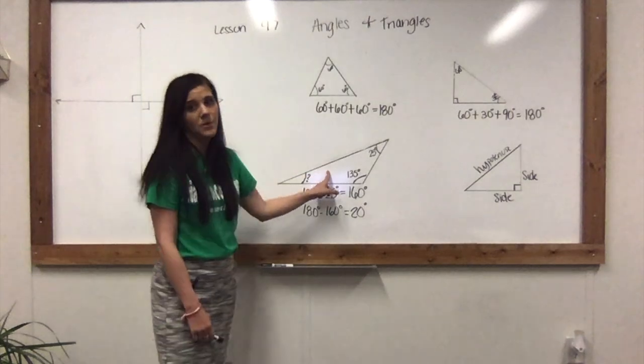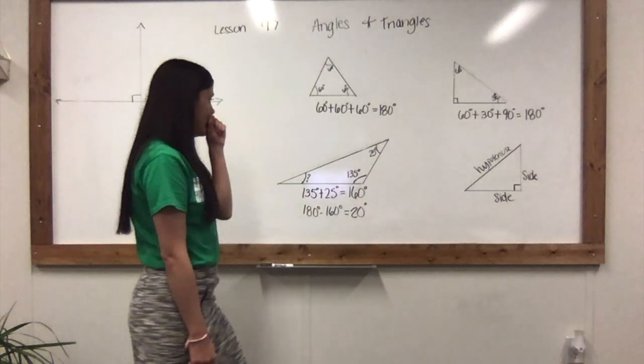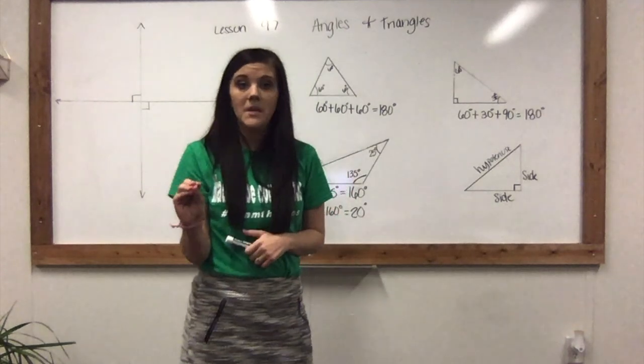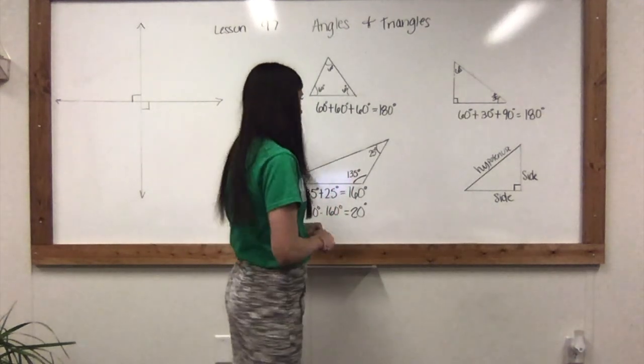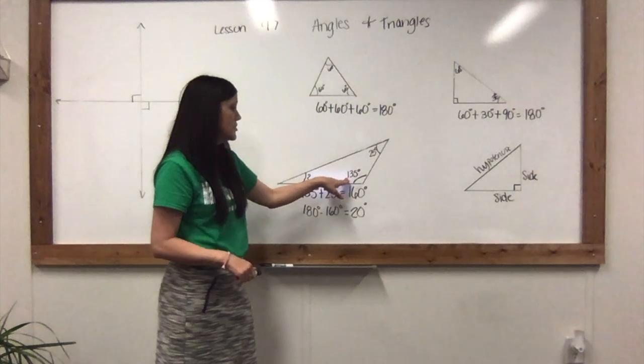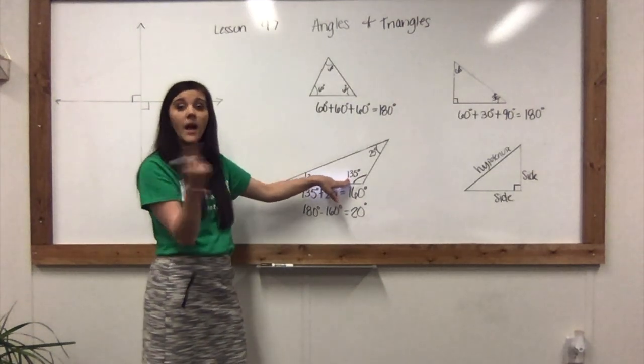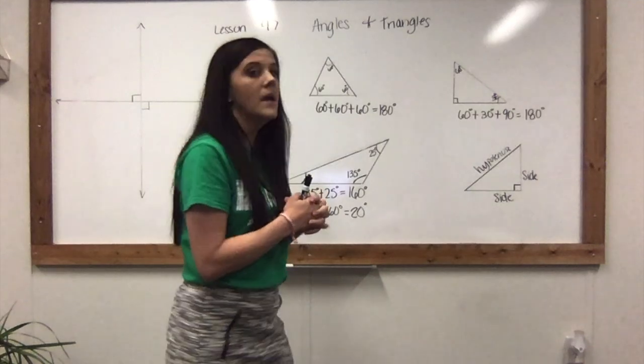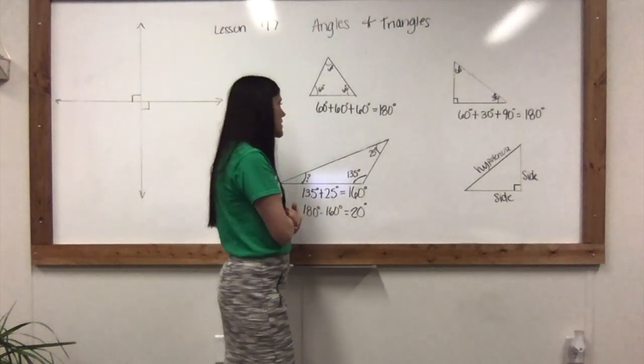Let's look at this one though. When we have a missing angle, we know that all of the angles must add up to be 180 degrees. So we have an angle that measures 135 degrees. That's an obtuse angle. Okay, and then we have an angle that measures 25 degrees.